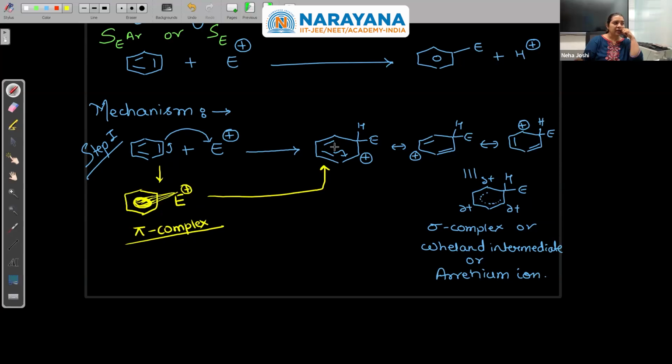If this happens, then a bond is now formed. So when I break a pi bond and I form a bond, this is a sigma complex which is resonating, and here is the hybrid: sigma complex or Wheland intermediate or arenium ion, any of the names we can call it.